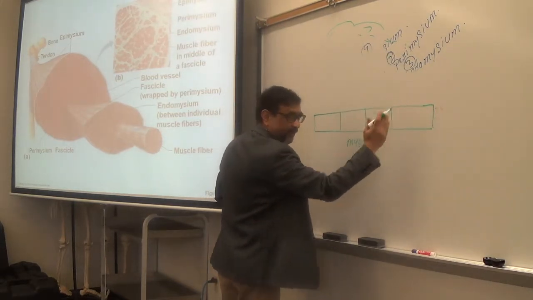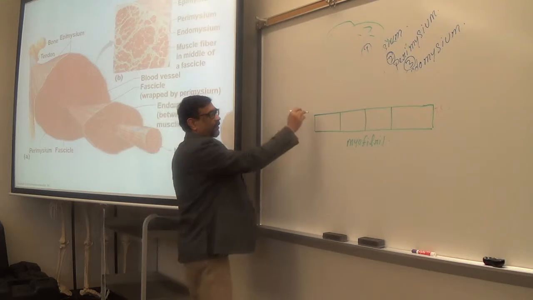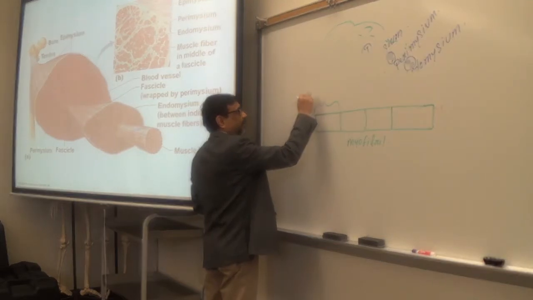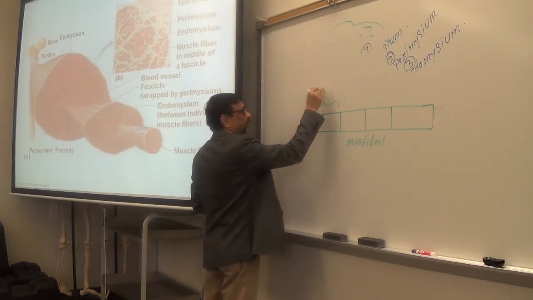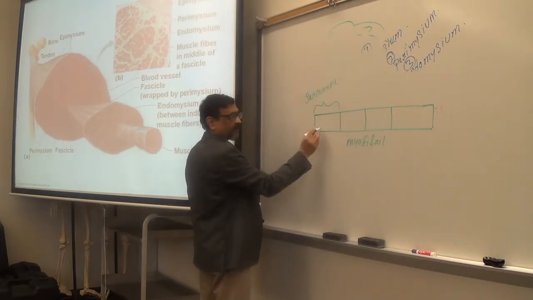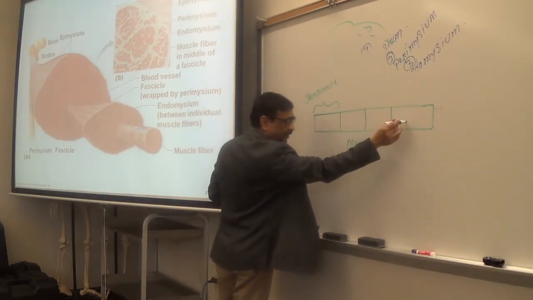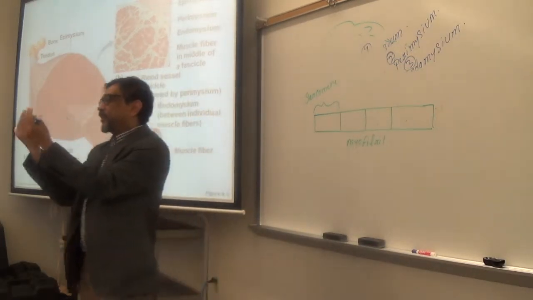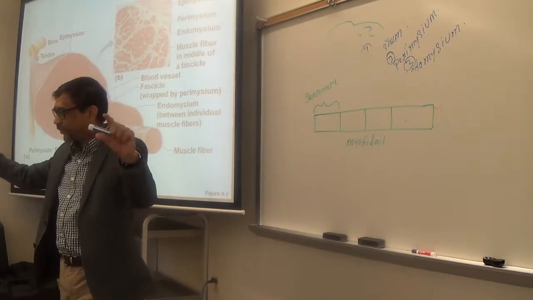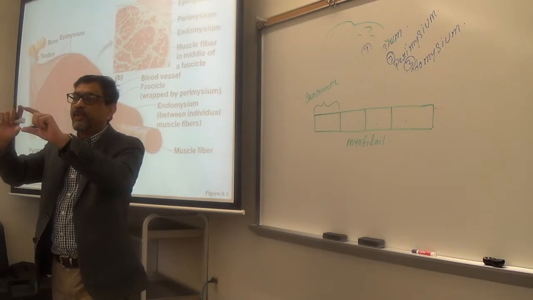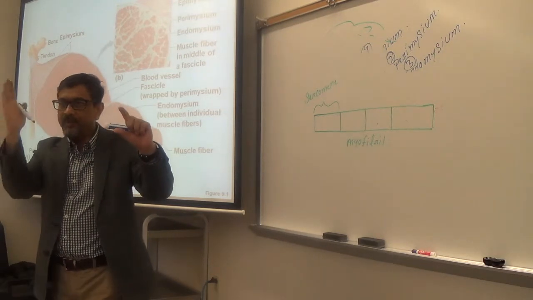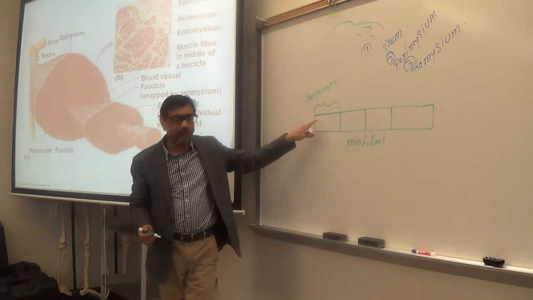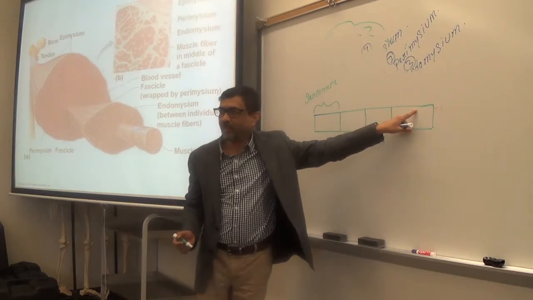Each block here is called a sarcomere. So this is one sarcomere, this is another, and another. Many sarcomeres are attached side by side to form the myofibril. So within a myofibril we see segments, and each segment is a sarcomere.